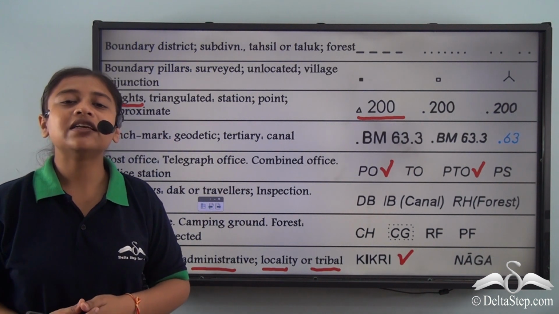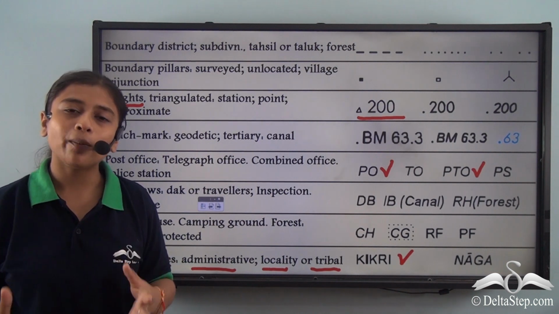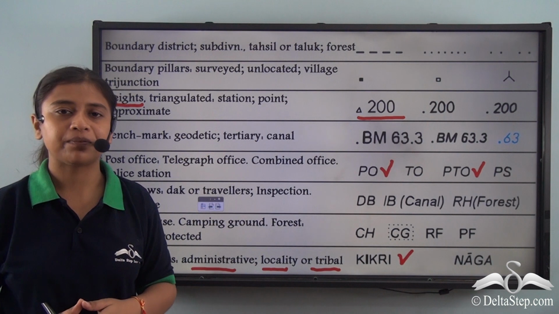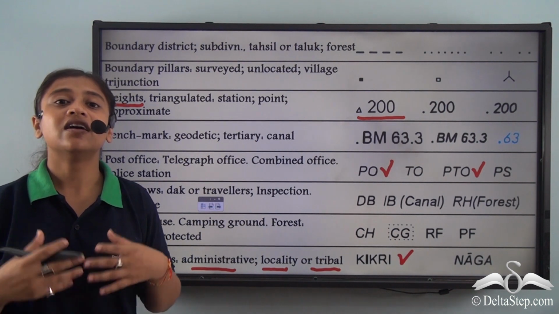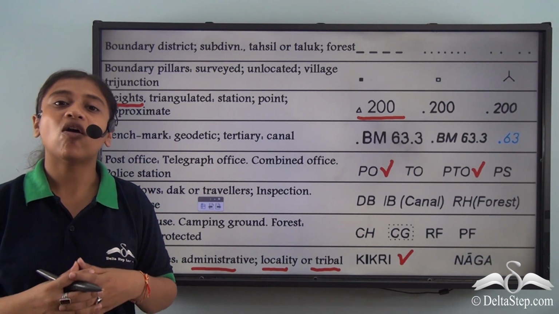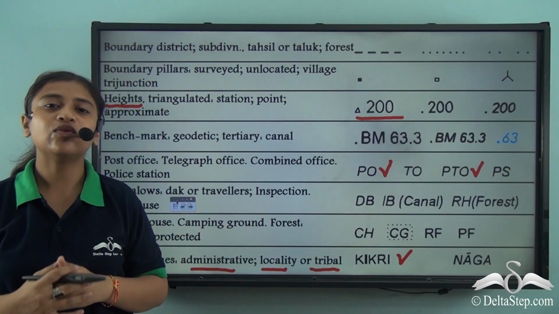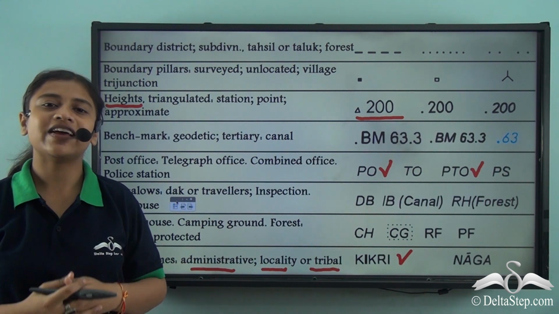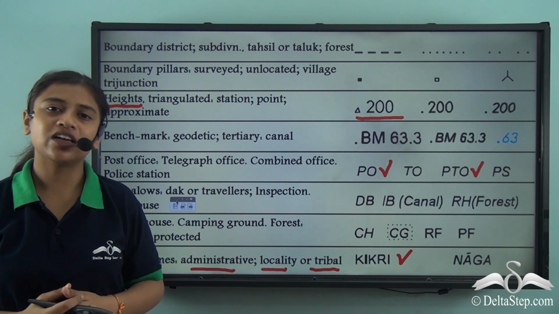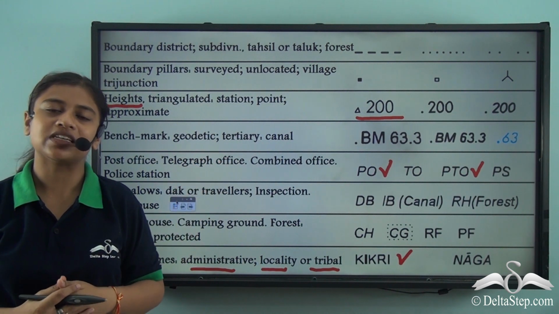So these were the list of conventional signs and symbols that are more commonly seen and used on any topographical map. These help in the reading of these maps in an easier way, and they also help in keeping the map neat. Now, if you want to take a look at all the conventional signs and symbols, you can simply pause the video and take a look at the list of all the conventional signs and symbols that we just saw.